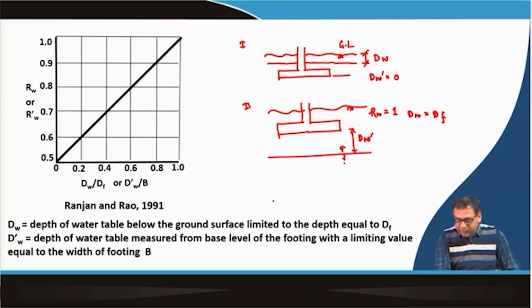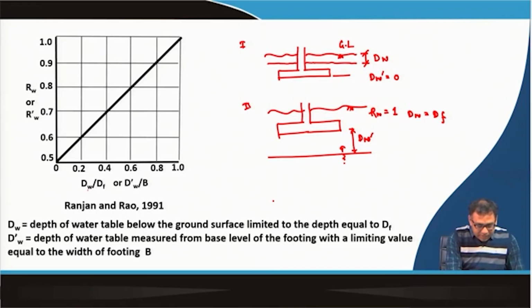In the first case Dw has a certain value, and Dw dash will be 0, that means you consider Dw dash at the base of the foundation, because the water table is above the base. In the second case Dw is equal to Df, the depth of foundation, and Dw dash has some certain value. So in the second case Rw is equal to 1.